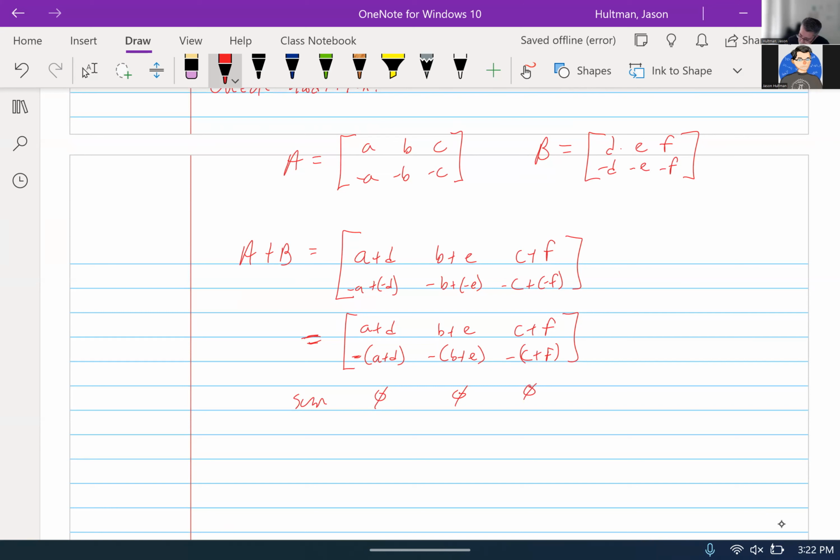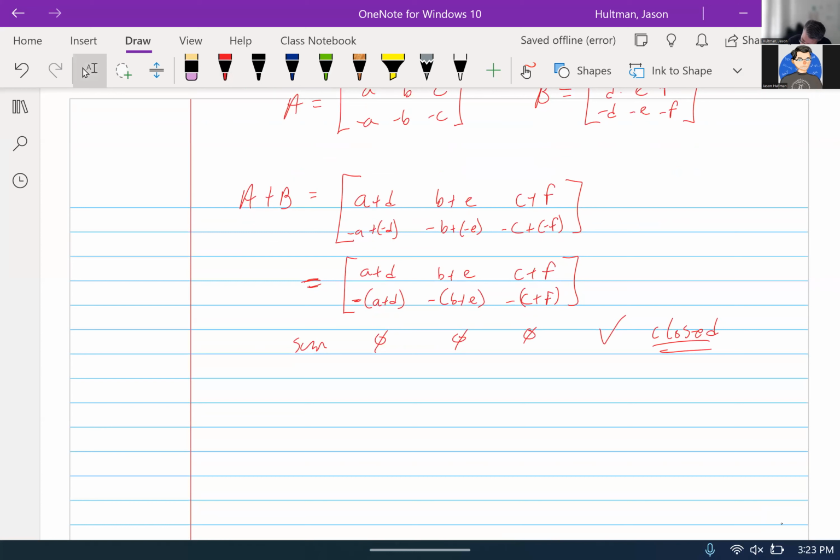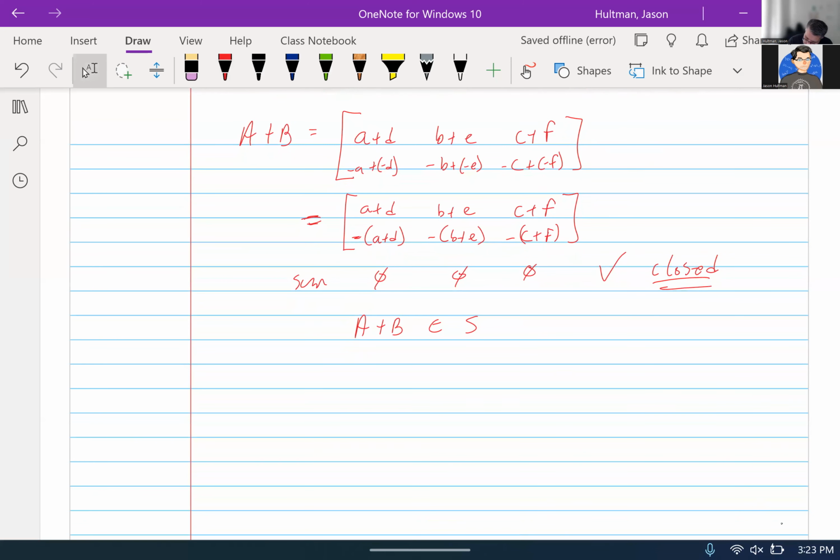And so it's closed under addition. So A plus B is an element of S. What about k times A? Let's check scalar multiplication.